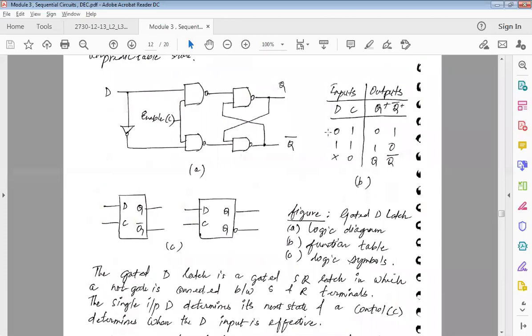When input is 0, output is also 0. When input is 1, output is also 1. So D is nothing but your delay circuit. The values will pass through, and after some time you will get the same value you had given for D. So D and Q have the same values, and as usual Q and Q bar will be opposite to each other: 0, 1, 1, 0.